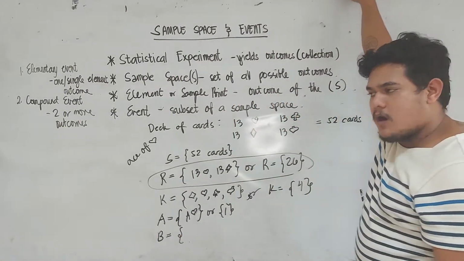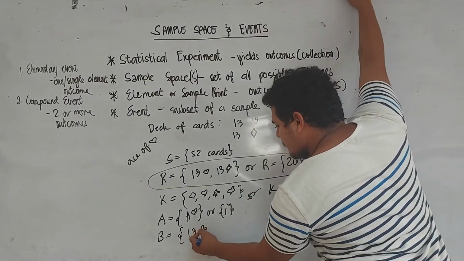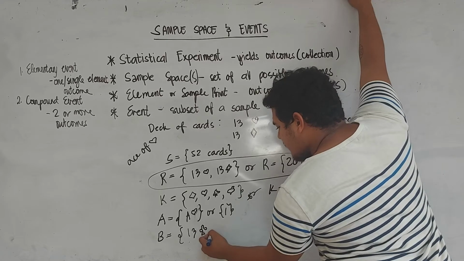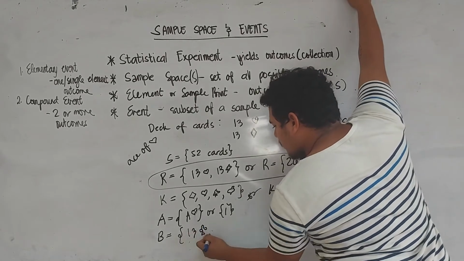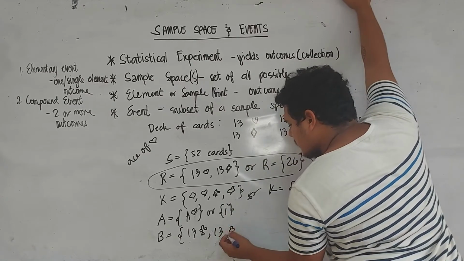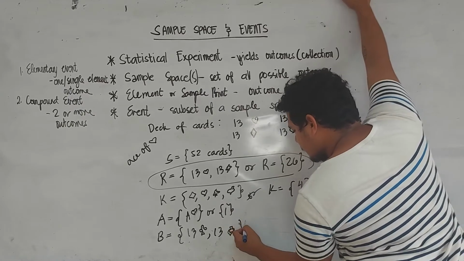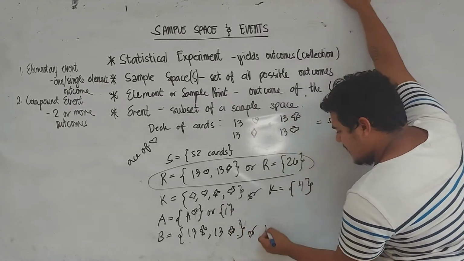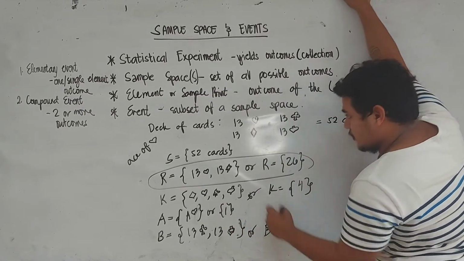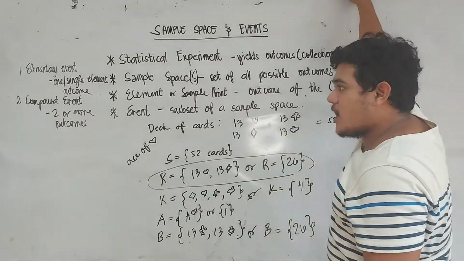So ang mga black cards are 13 na clover and 13 nga spades. Or we could say, B equals, pila ka 13 plus 13? 26. This is what we call a compound event.